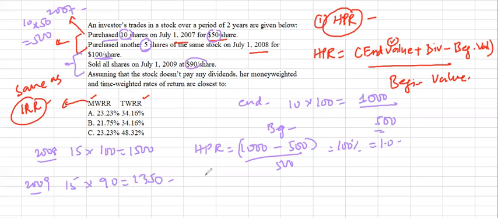So we can calculate HPR again for the second year. That is equivalent to final over initial, 1500. Okay, so if we want to calculate this, what is the final value?